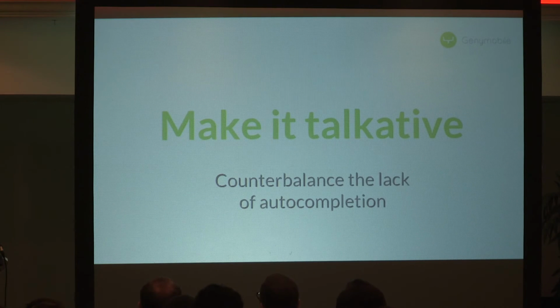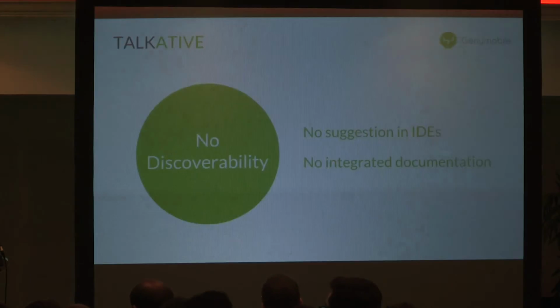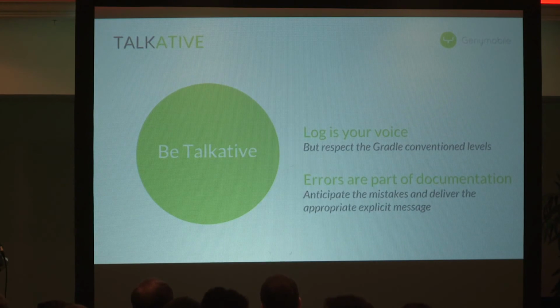So as a Gradle plugin developer, we have to handle it and improve it. And the idea is to give feedback to our user. As I told you, there is no discoverability. So what you have to do is to use logs as much as you can, following the Gradle convention.